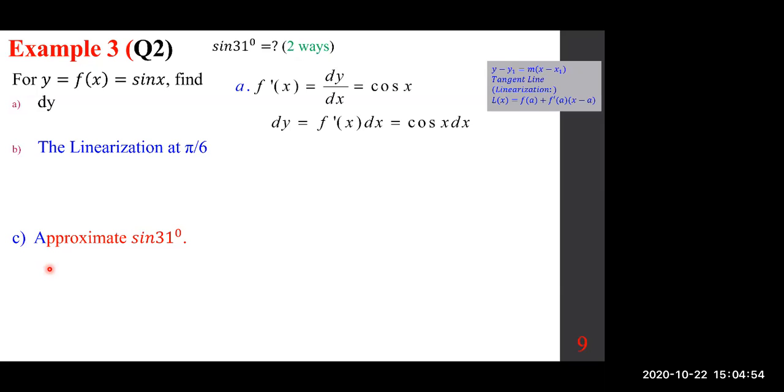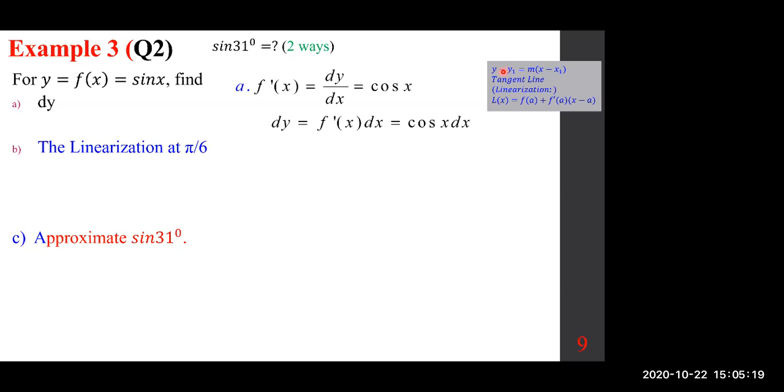Done. Now, the moment you hear linearization, just remember what? The point slope, class. That's all you really need to remember. This is what linearization is all about, but you don't even have to memorize this formula. Just remember the point slope. You need a pair.